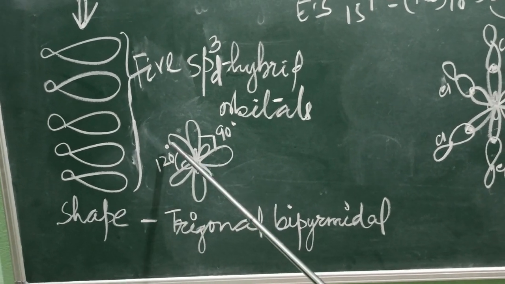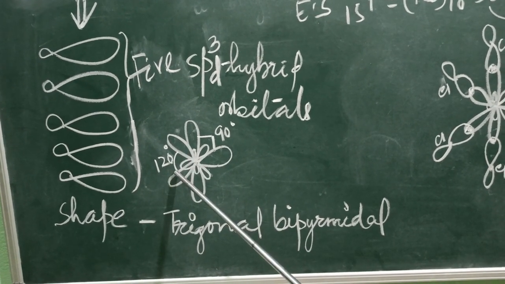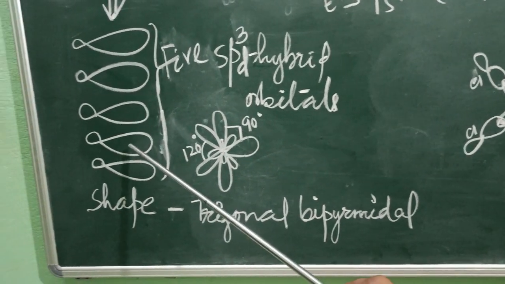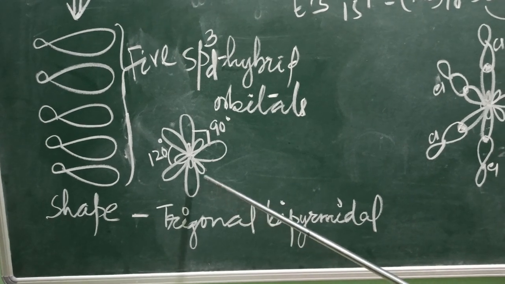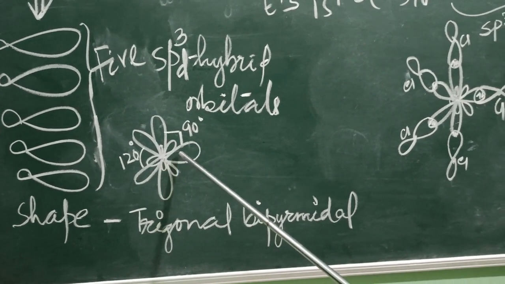The 3 hybrid orbitals in the equatorial position make an angle of 120 degrees in a trigonal, and the rest 2 are present in the axial position. They make an angle of 90 degrees with the equatorial plane.